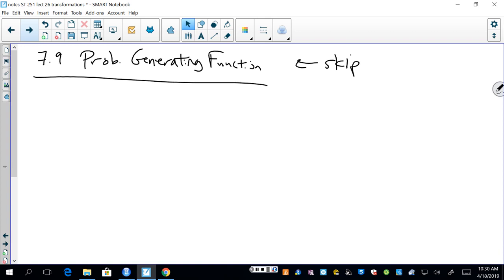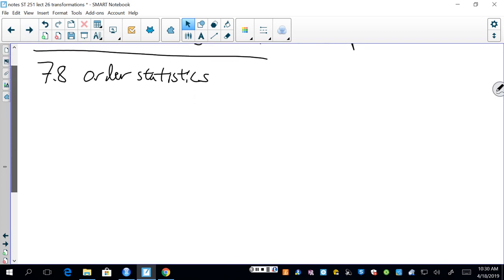Now, we're going to look at order statistics. There's a bit of combinatorics, a bit of thinking about how things go in this, and order statistics are a transformation of our data.